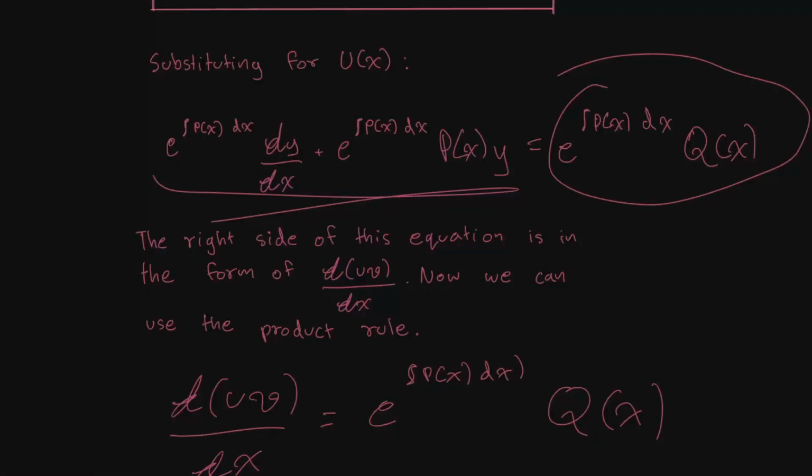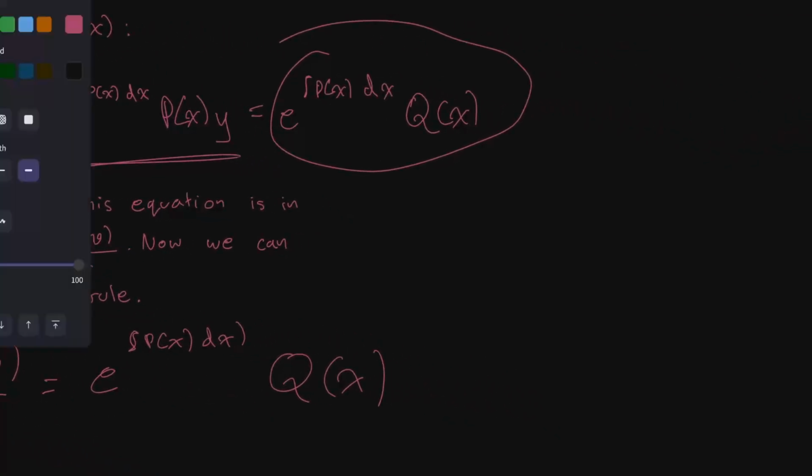So now if we go a little bit to the side, we can just say d(y e to the power of integral p of x dx) by dx with respect to x, basically, is equal to e to the power of integral p of x dx q of x.